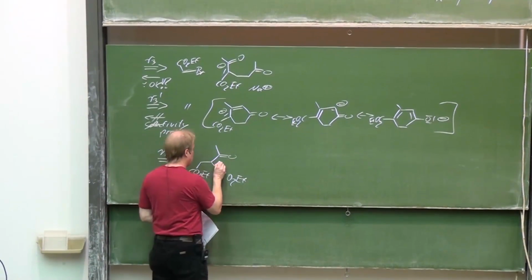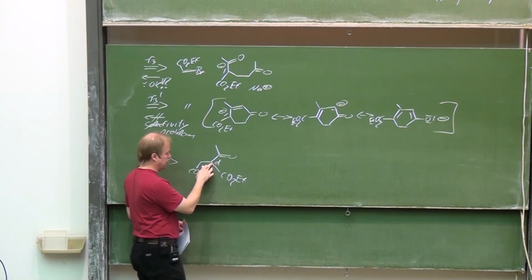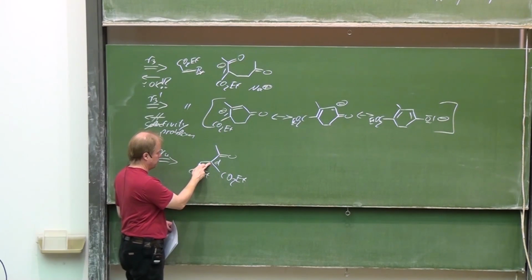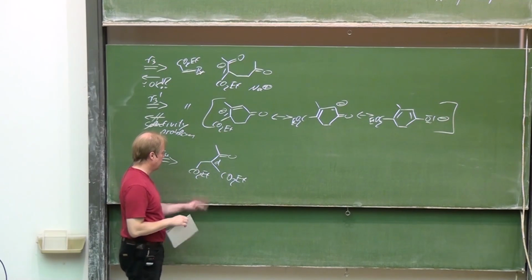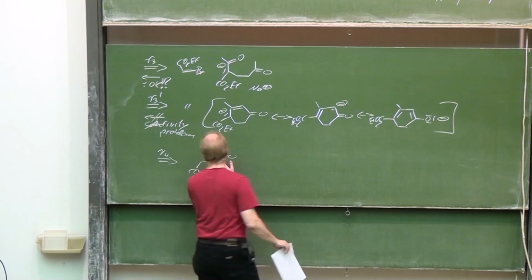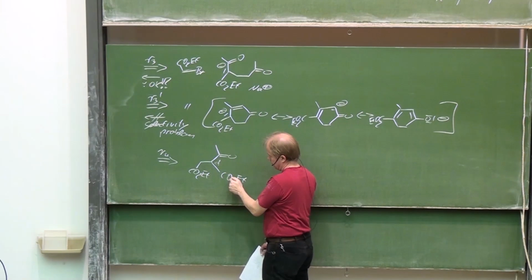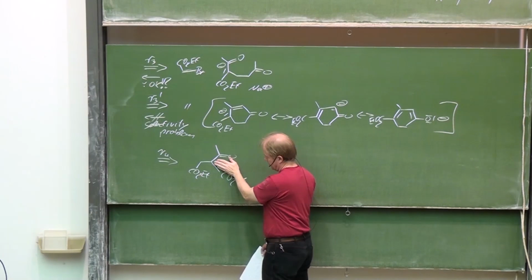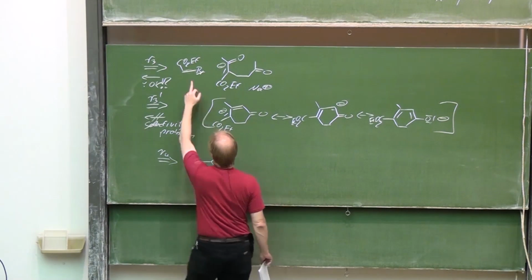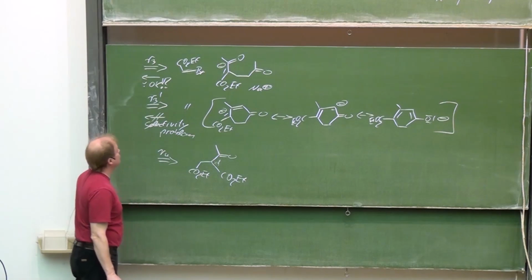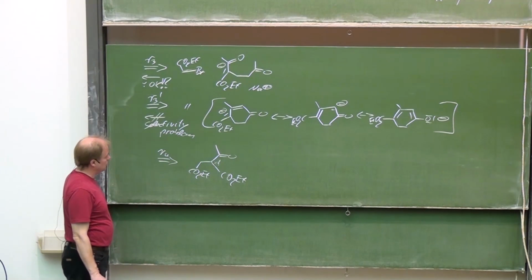Okay, donator reactivity, no problem. It will be for sure deprotonated here. And in addition, setting up that structure, no problem. Acetoacetic acid ester, deprotonated, and let that react with the bromoacetic acid ester.